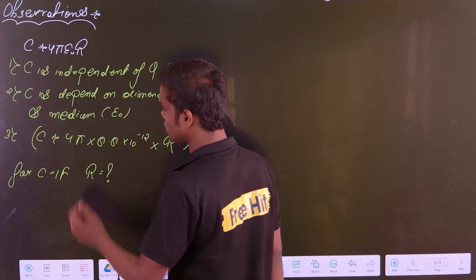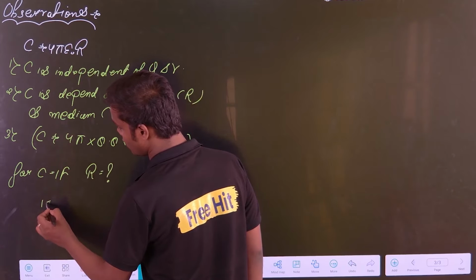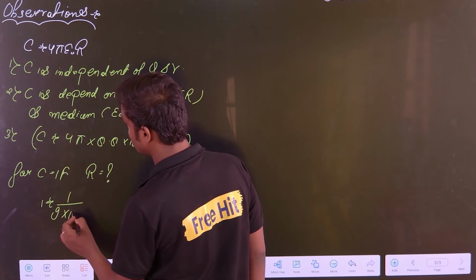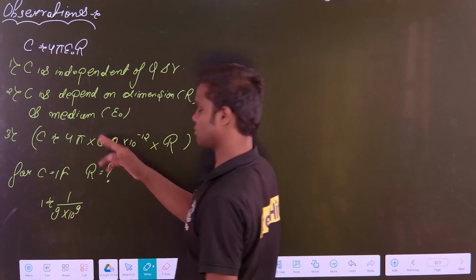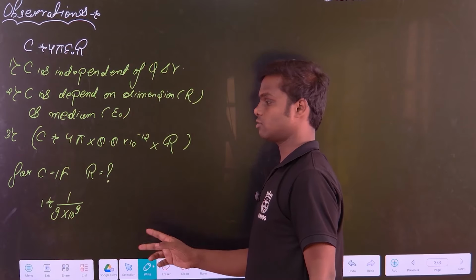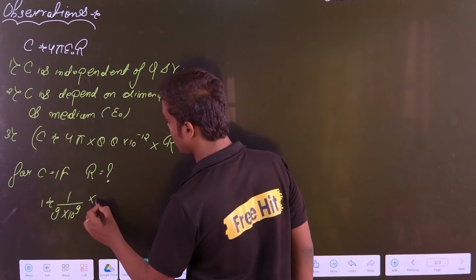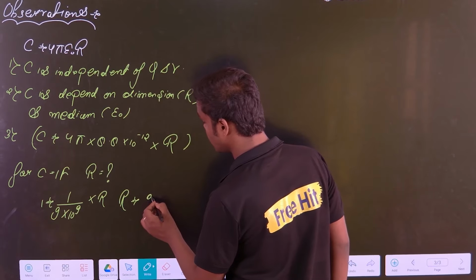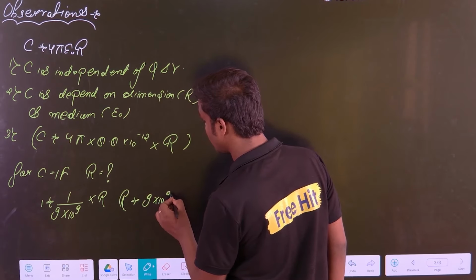If you put C equal to 1 farad, and 1 by 4 pi epsilon naught is 9 into 10 to the power 9, so this will be reversed, into r. So the r value you will get is 9 into 10 to the power 9 meters.